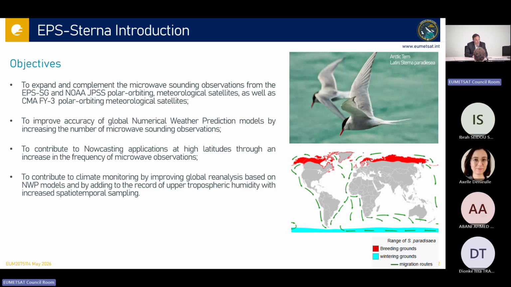We'll come back to this in the next slide, showing how the constellation is expected to significantly improve the number of observations and also the revisit time on the northern hemisphere. And of course, as we will provide more data more often, we also expect to contribute to climate monitoring and global reanalysis of data.